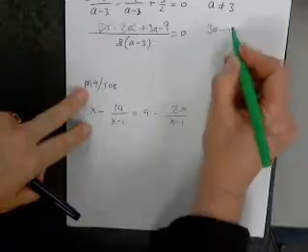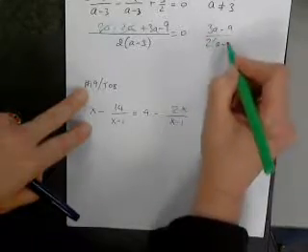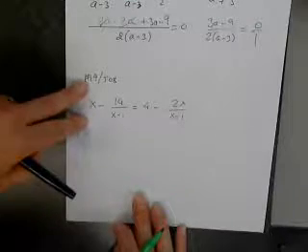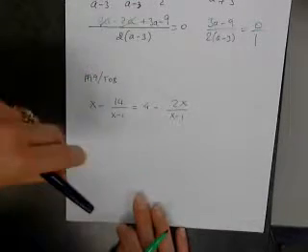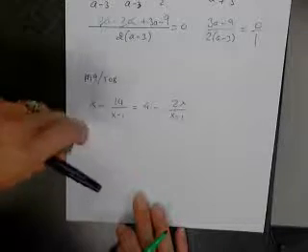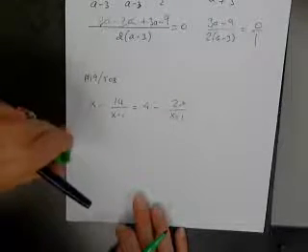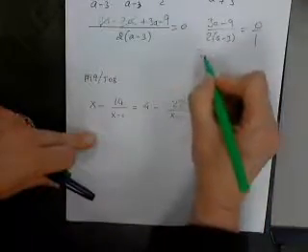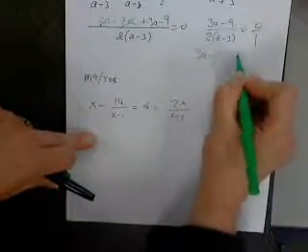So I have 3a minus 9 over 2a minus 3 equals 0 over 1. And now? Good.